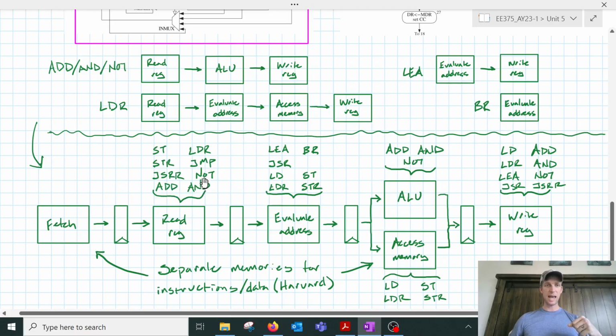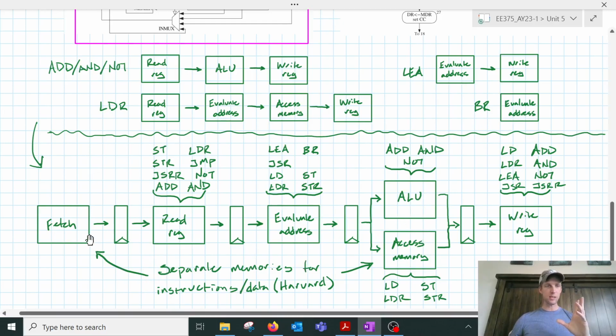And you can see add and not here for the read register, for the ALU, and for writing to a register. And so again, if I go through all my instructions, I realize that I don't need more than these stages to be able to complete my pipeline. And I can put ALU and access memory together basically because there are no instructions that require both the ALU and accessing memory. It's only one or the other.